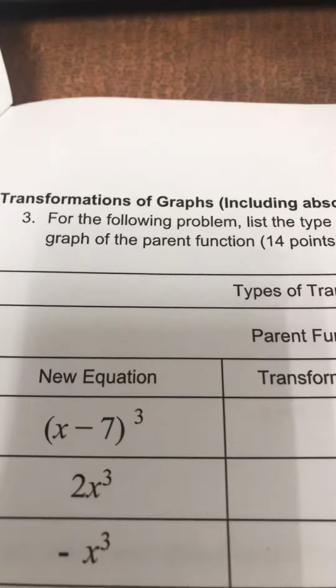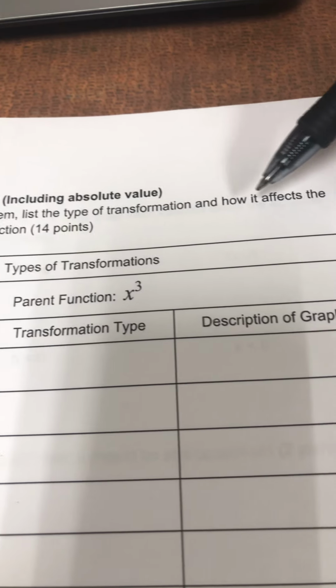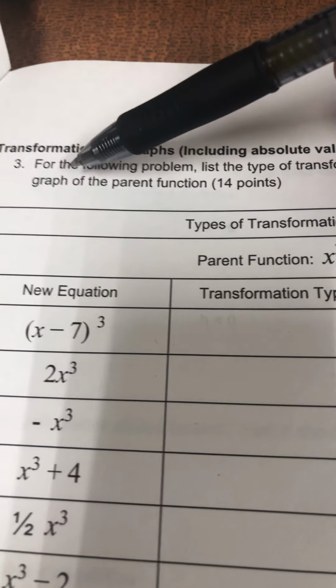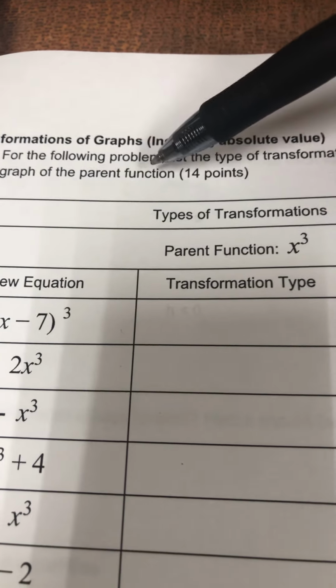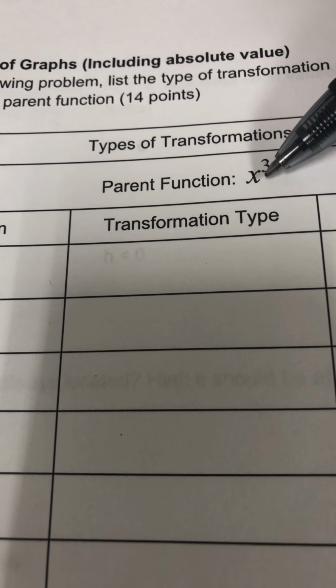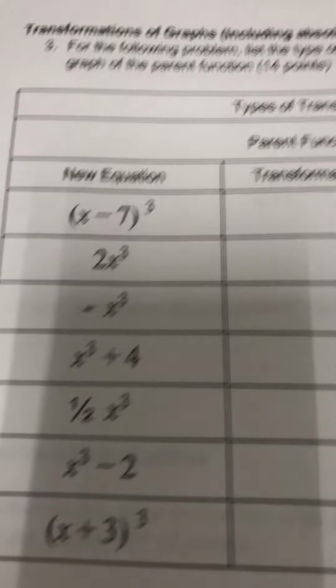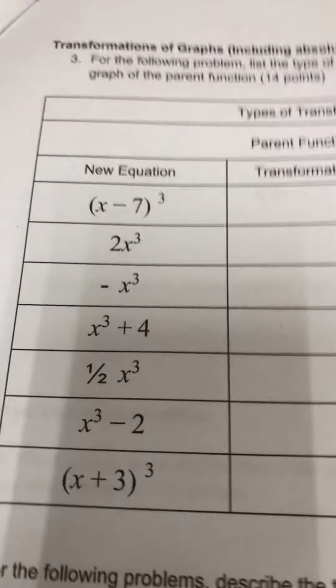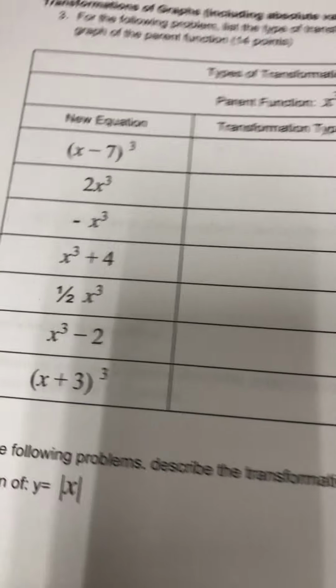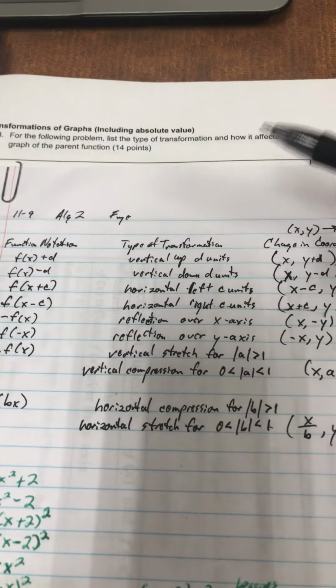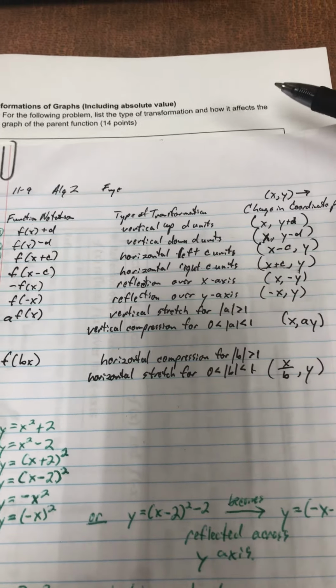For the following problem, list the type of transformation and how it affects the graph of the parent function. So the parent function is x cubed. Taking a look at this, I want you to look at these notes, and you could pause it if you want to. Find yours. These are from Mr. Fry's class.